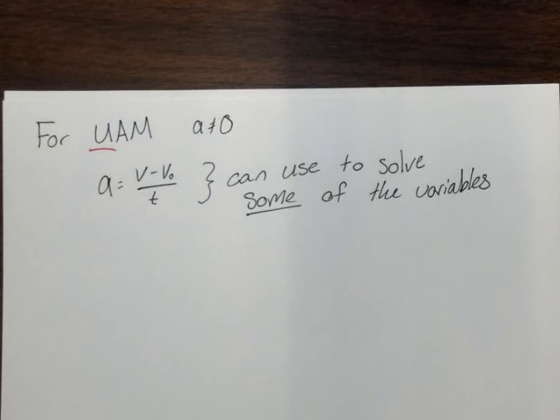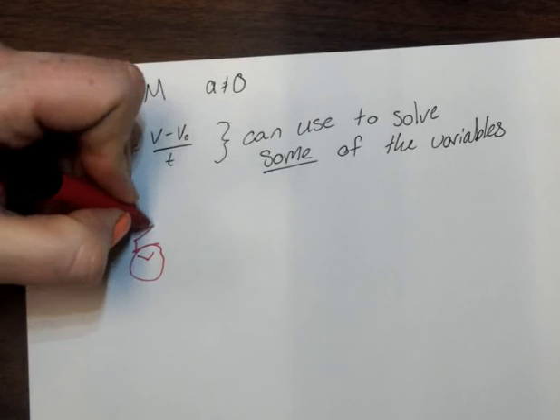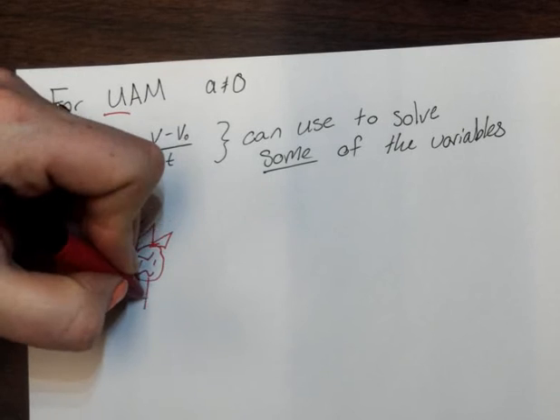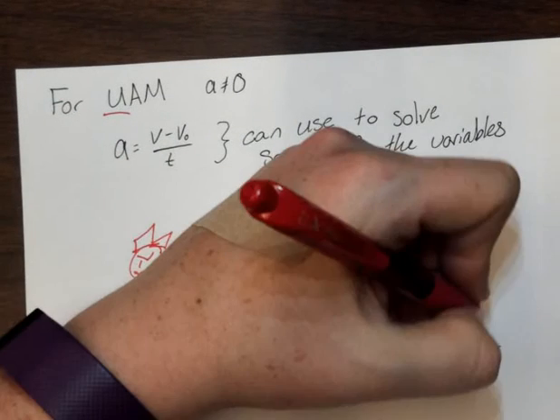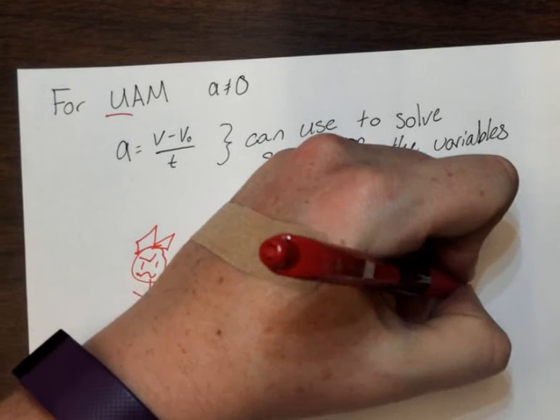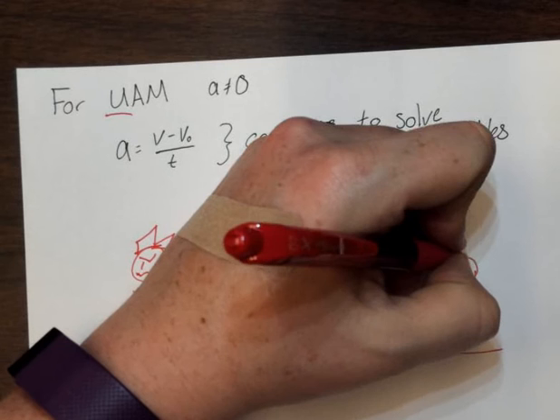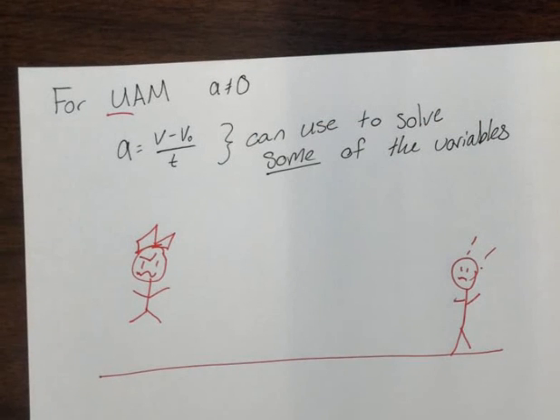So we're going to be able to solve for some of the variables here. Let's take a situation where Benny is evil. No, Benny, no! He's still levitating off of the ground. And here you are. You're a little worried because this is evil Benny.